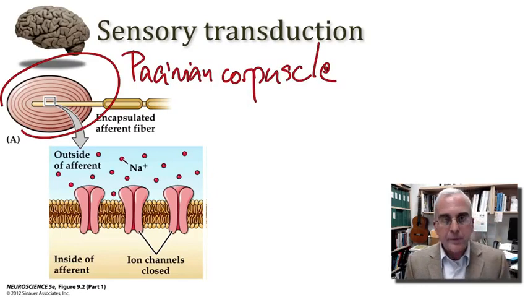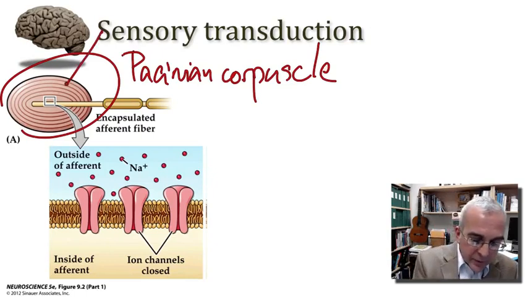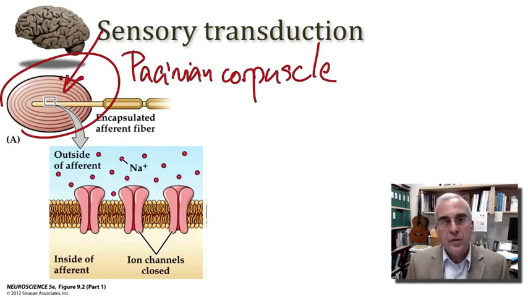And this Pacinian corpuscle contains a nerve ending that has cation selective channels. And these ion channels are sensitive to stretching forces that are applied to the membrane. So when there's some kind of mechanical interaction with the structures containing these Pacinian corpuscles, these ion channels will open. Not because they're voltage gated or because they are activated by neurotransmitters, as we saw in our previous tutorials on neurosignaling, but rather because the mechanical forces open these channels.